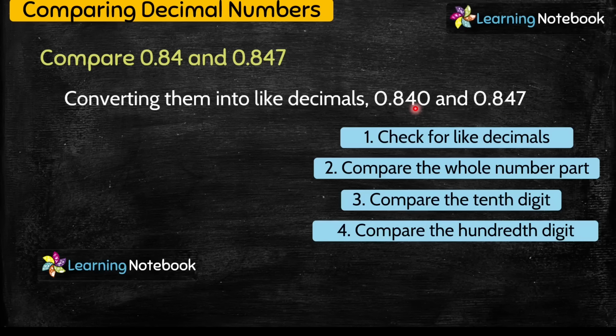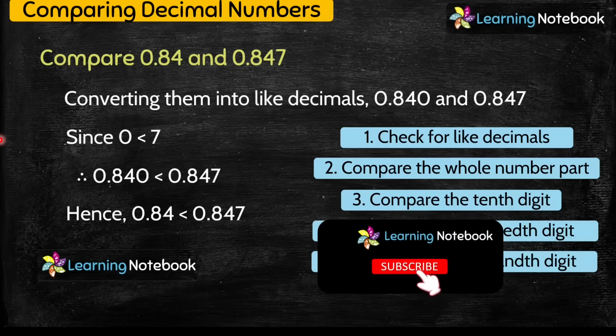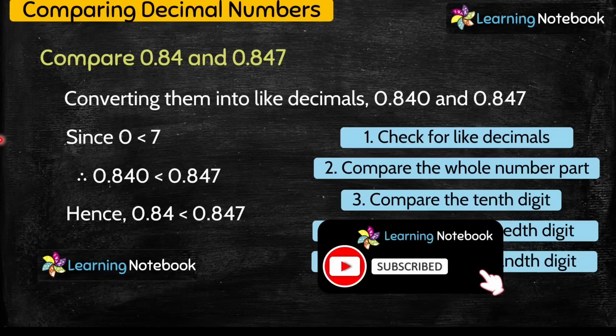But students, again we can see that both the decimal numbers have same 100th digit. So we have to move to step 5, where we will compare their 1000th digit. Now we can see that 0 is less than 7. Therefore, 0.840 is less than 0.847.